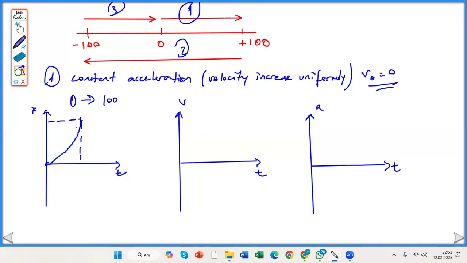That's why its position time graph is like this. If you look at the velocity time graph, it is changing linearly like this. And acceleration is constant and positive like this. So let's look at the other options.